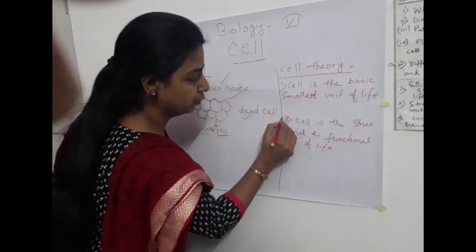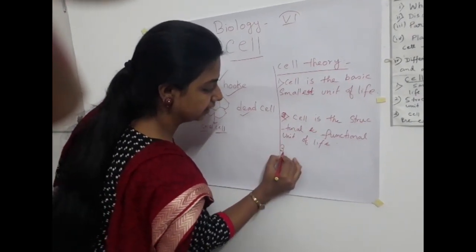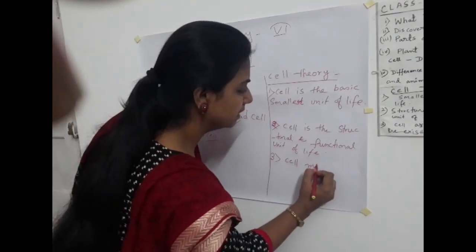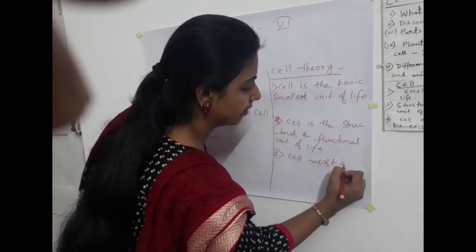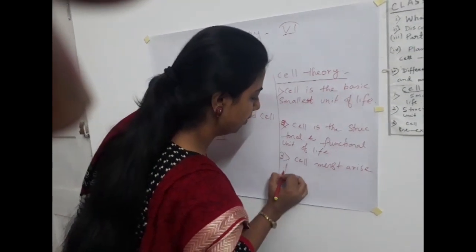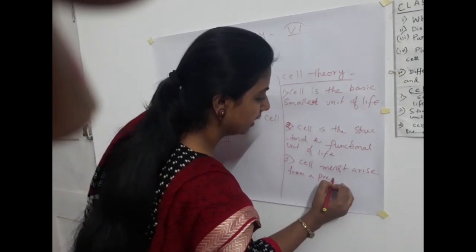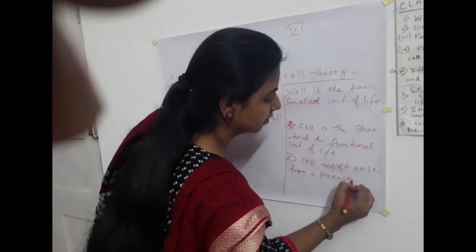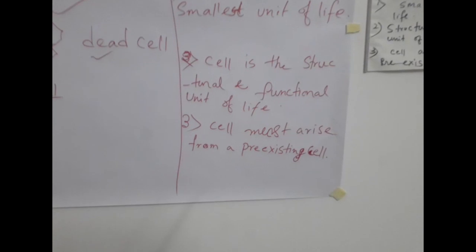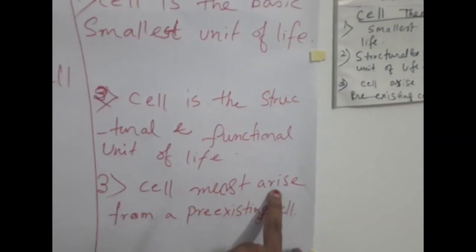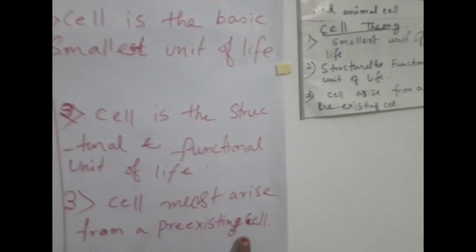And the third one: cell must arise from a pre-existing cell.